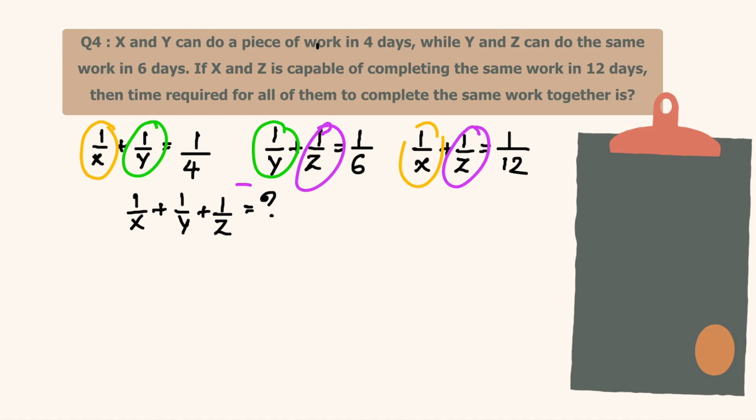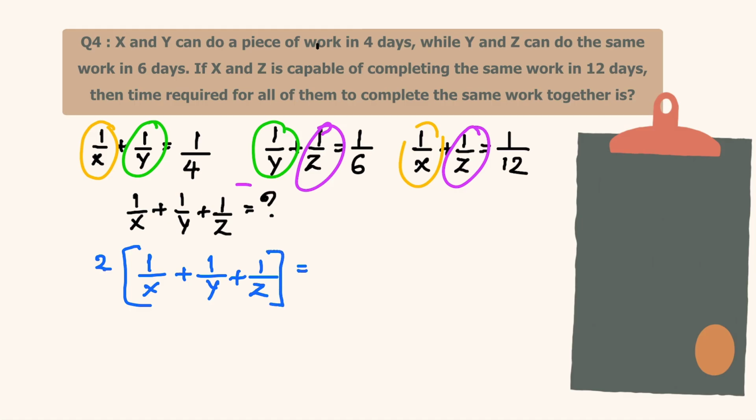So x, y and z, all of them are there 2 times. Right? So if we add these 3 equations, we will get 2 times, taking 2 outside because we have 2 times 1 by x, 2 times 1 by y, 2 times 1 by z. So 2 times 1 by x plus 1 by y plus 1 by z. This is what we get.